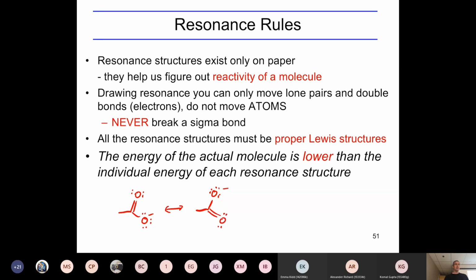I didn't rotate it, I didn't flip it, I left all the atoms exactly where they were, and I moved the electrons like this, where the pair of electrons from the oxygen on the bottom moved to make a double bond, and a pair of electrons that was part of the double bond in the upper oxygen moved onto the oxygen atom. So what we end up with is this.